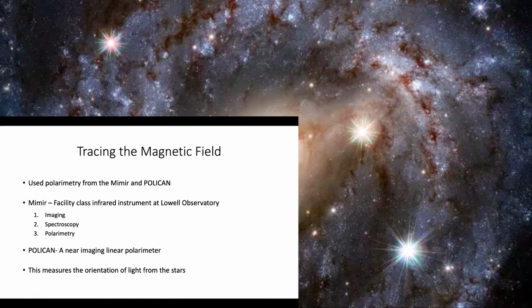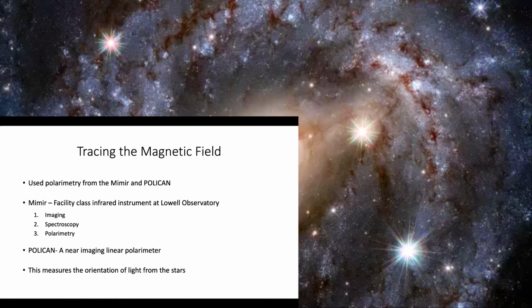Mimir is from Lowell Observatory, and its uses are imaging, spectroscopy, and polarimetry. PolICan is a near-infrared imaging linear polarimeter that is also attached to a near-infrared imaging camera.